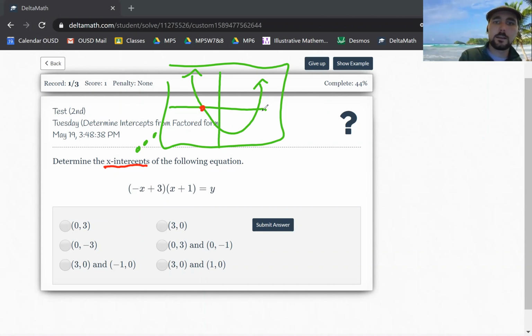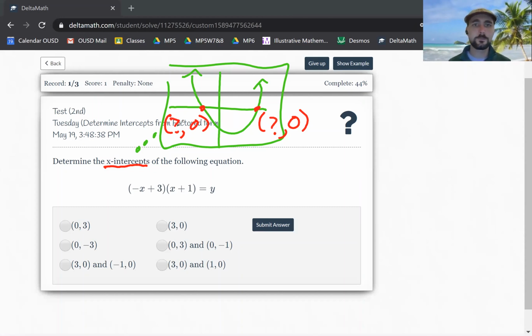So that would be here and here. Now the thing about the x-intercepts is that these are both situations where the y value is 0. And we're trying to figure out the x value.